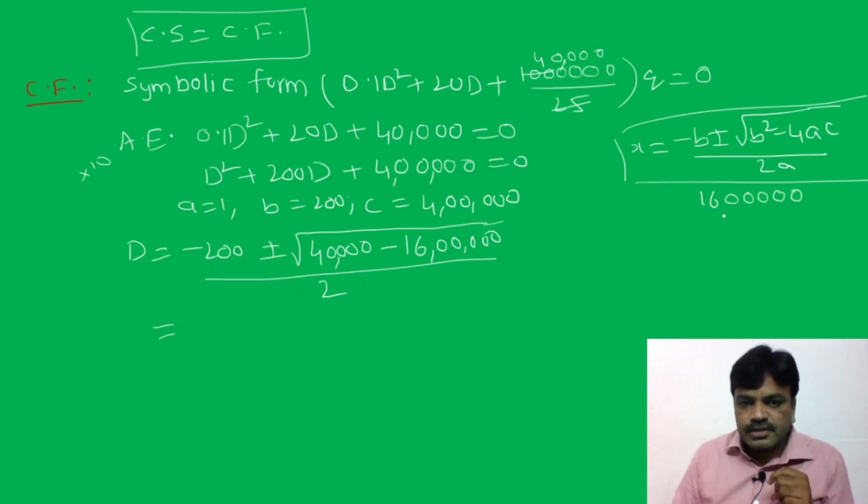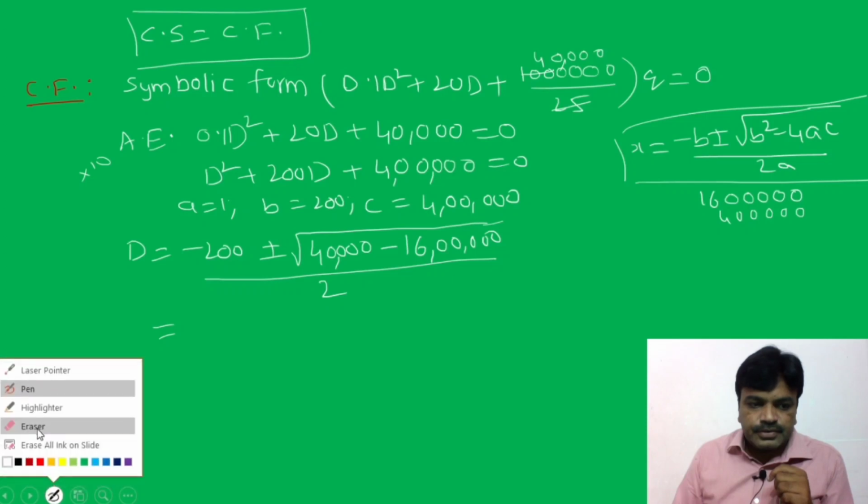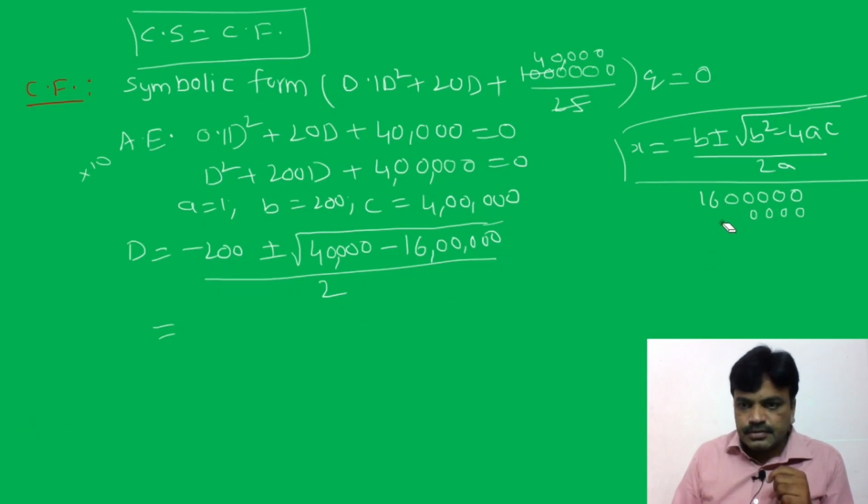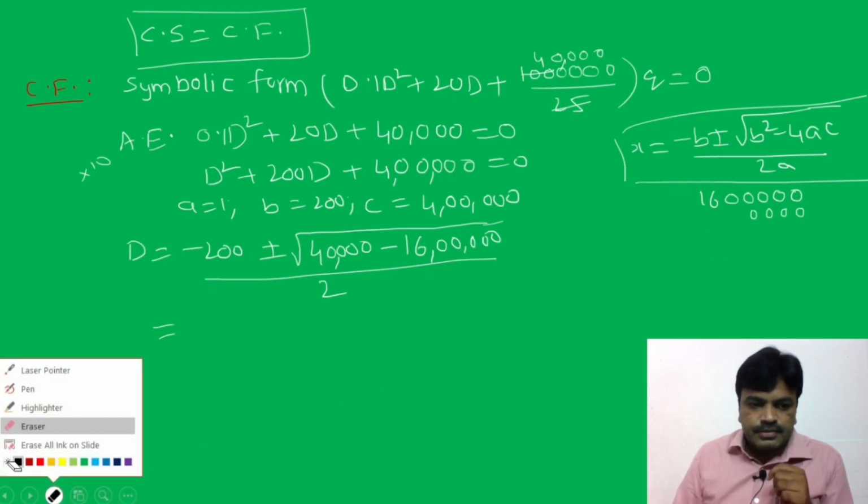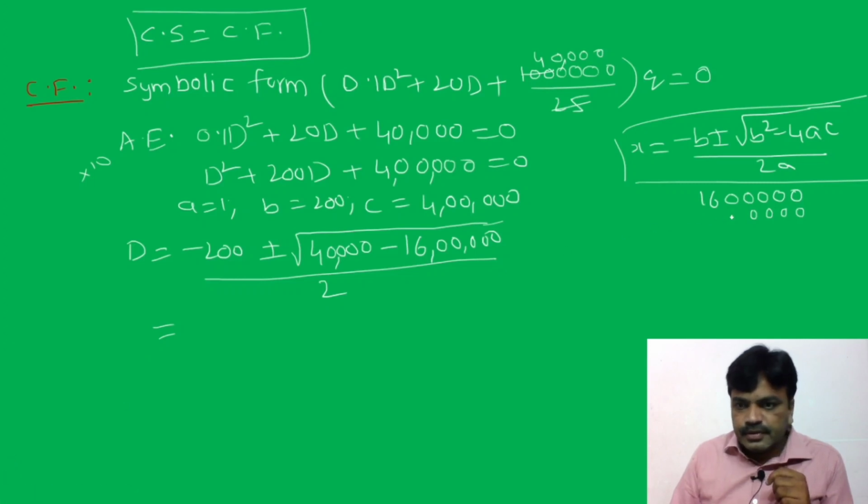Subtract, friends, 40,000 minus 16 lakhs.